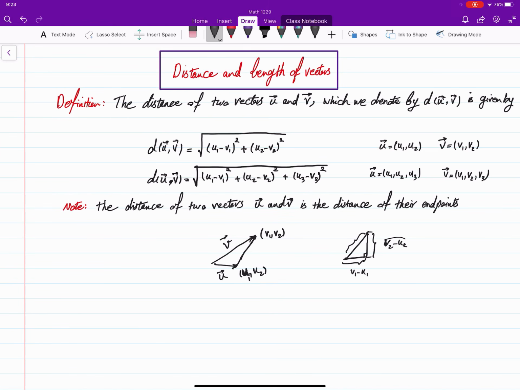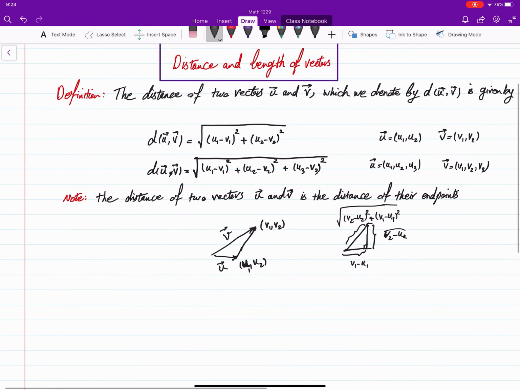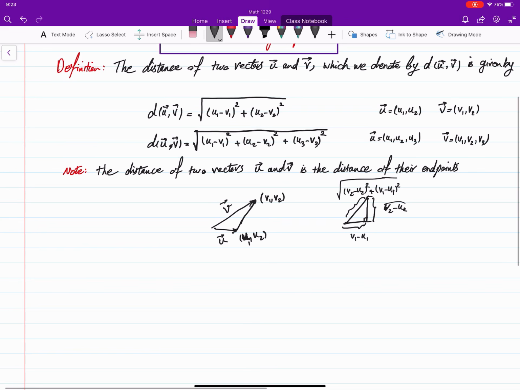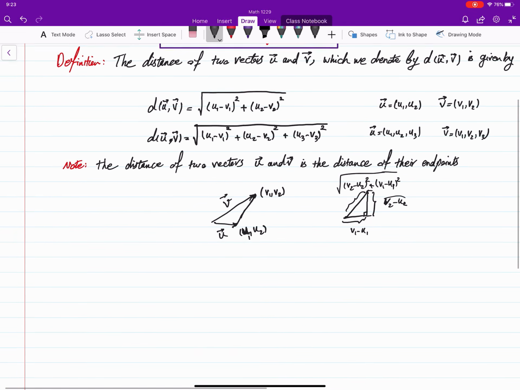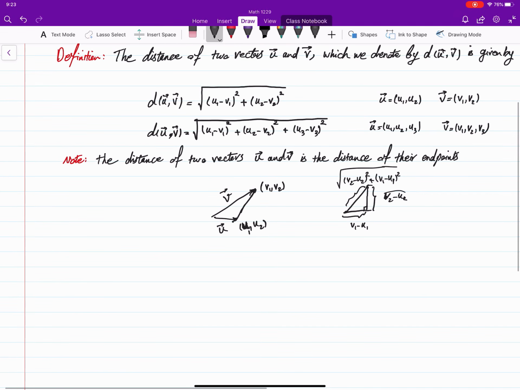This is the Pythagorean theorem. It is exactly the square root of v2 minus u2 squared plus v1 minus u1 squared. This is exactly where the formula comes from. But you just remember the formula. Whenever someone asks you to find the distance, you use the formula and find it.